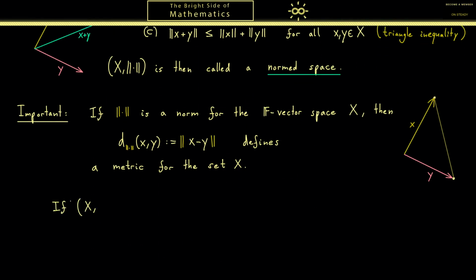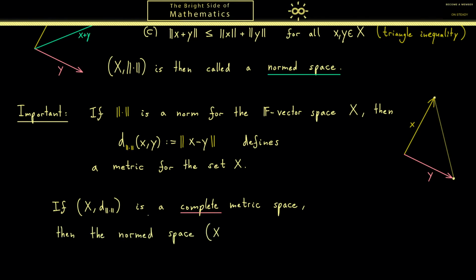So it could happen that our new metric space here, (X, d), is a complete one. This is a very nice property, which we discussed in the last video. All the Cauchy sequences converge. We don't have holes in this metric space. In this case then, the original normed space, X with its norm, gets a special name. We call it a Banach space.